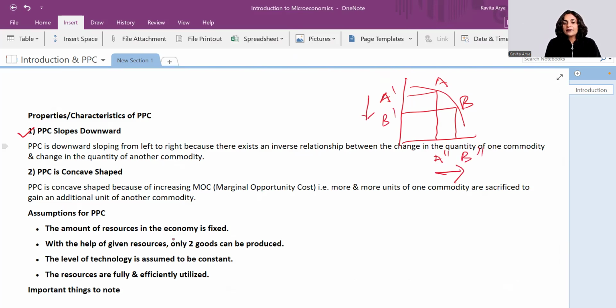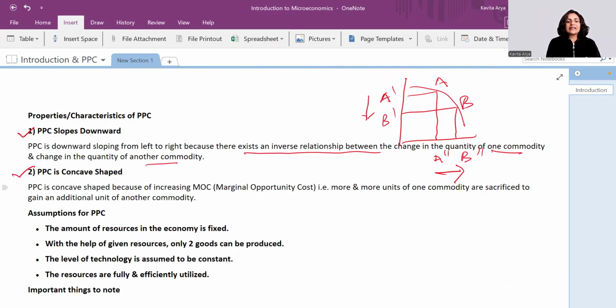When you are losing on the y-axis, only then are you able to gain on the x-axis. That's why it's downward sloping. For every gain on the x-axis, you need to sacrifice on the y-axis. There exists an inverse relationship between the change in the quantity of one commodity with respect to the change in the quantity of the other.